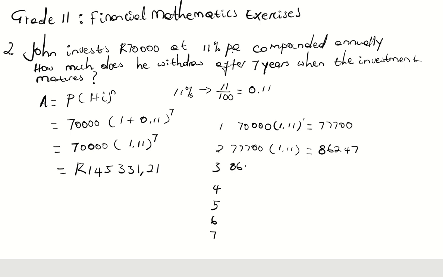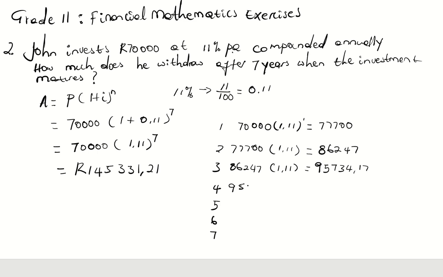And this is 8,647. And we multiply it again by 1.11. What do we get? And we get 95,734.17.